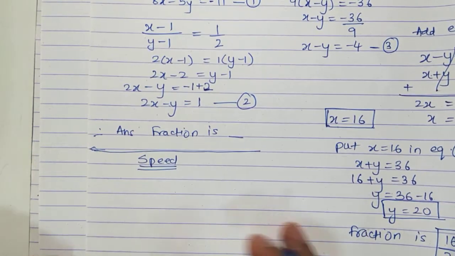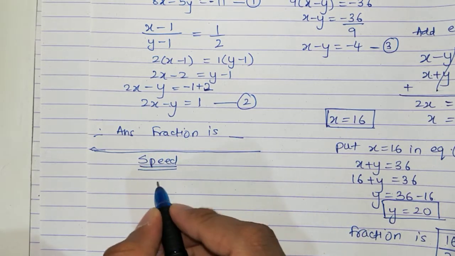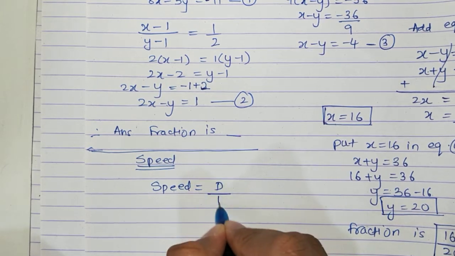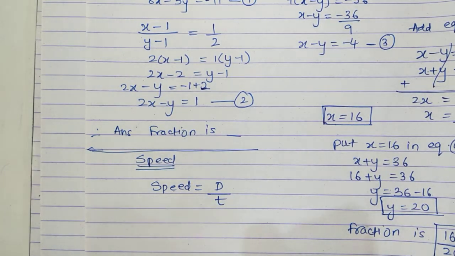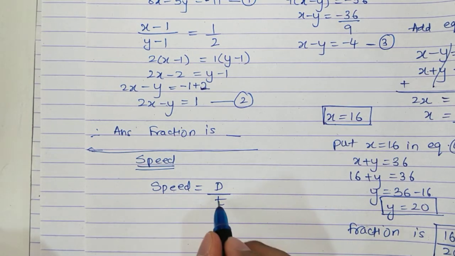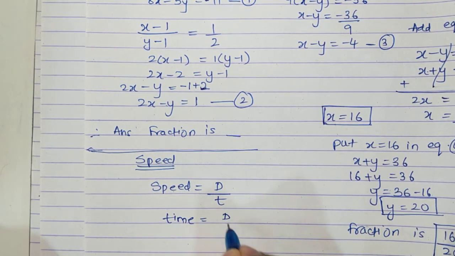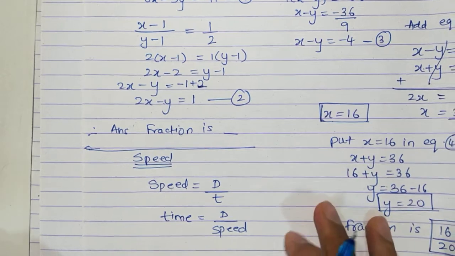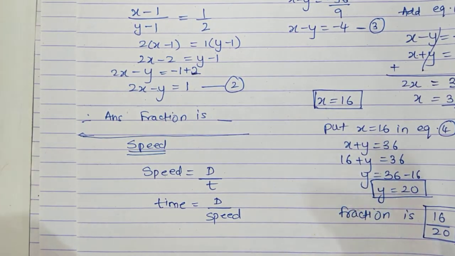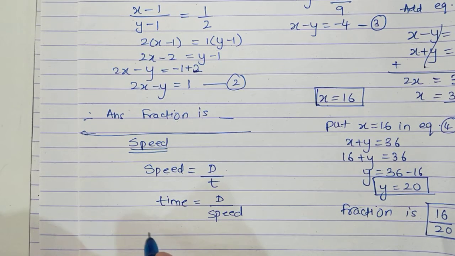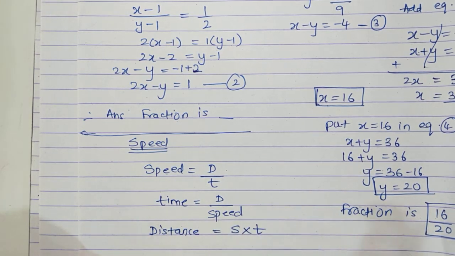Okay. Before that, the problems based on speed, you should know the formula that speed is distance upon time. Or I can write it like this also. If I transfer time here and speed here, I can also write time is distance upon speed. Both are true. Or if time goes here, it will get multiplied with speed. So I can also write distance is speed into time.